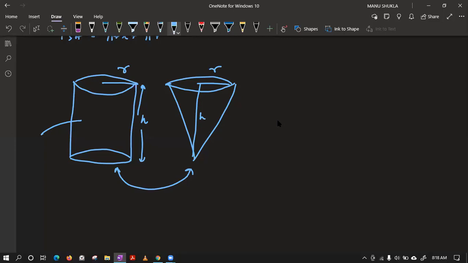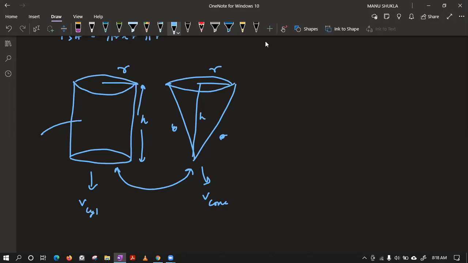Please tell me, volume of cylinder or volume of cone? Obviously the volume of cylinder is larger because this portion is not here, which is present in the cylinder. But how much larger we have to find. How much more volume is there in the cylinder, we have to understand this.